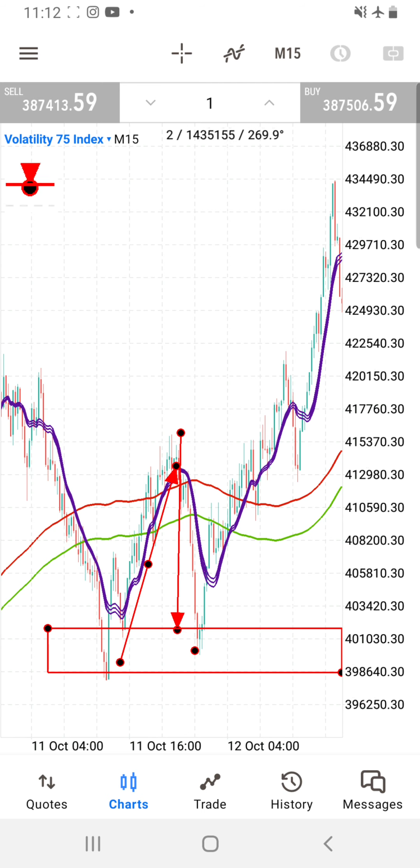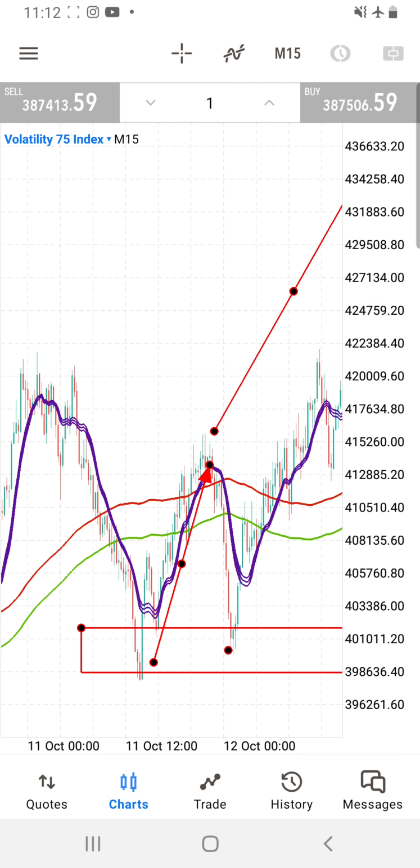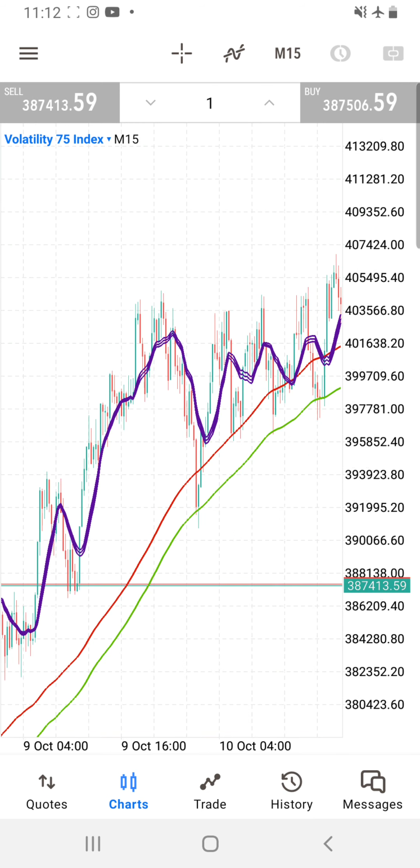But if it doesn't, like what it did here, it will obviously return and confirm your trade. This is just a stop hunt, usually to push people that don't know what they're doing, that don't trust their strategy, and that's most people, unfortunately. So you have to be on the lookout for that.